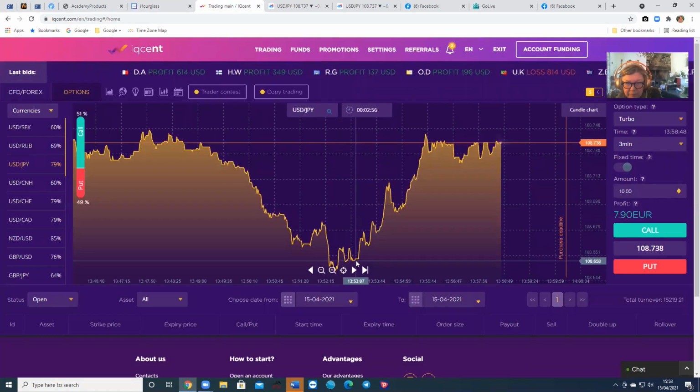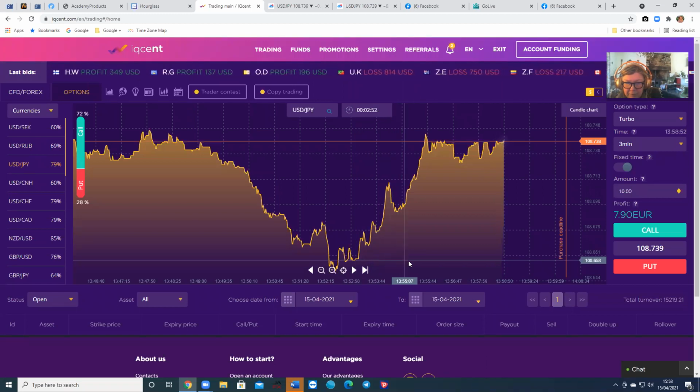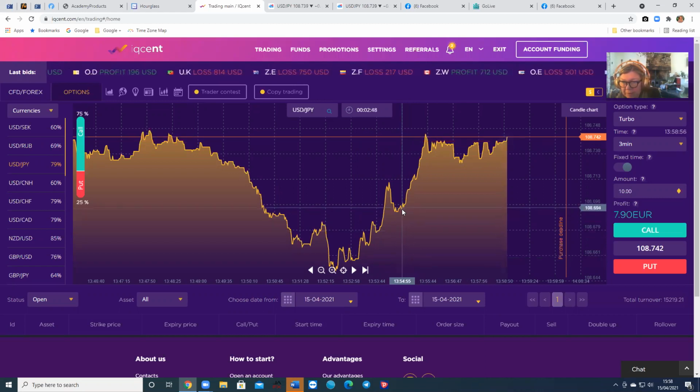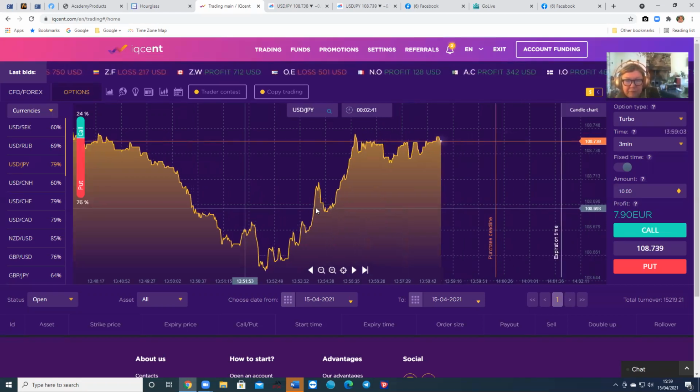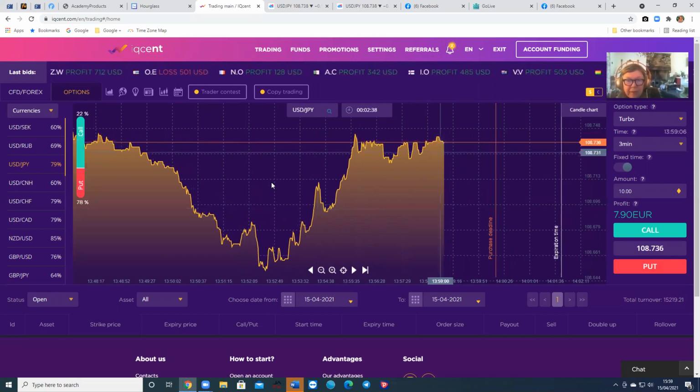It's moved at the 50. Where's the 55? 55 candle at round about there, 693. So it's taken off before the hour in this last 5 minute candle.